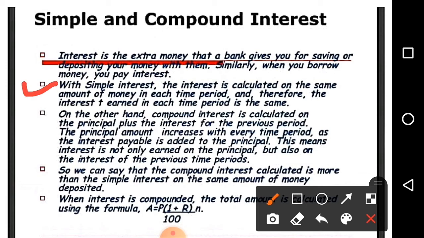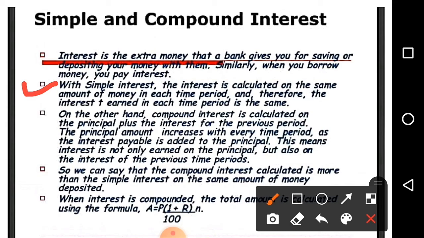Suppose you have taken money for 3 years, so for 3 years together only one time interest is calculated. But in compound interest, suppose you have borrowed money for 3 years, then every year the interest is calculated at the end of the first year, similarly at the end of the second year, and then at the end of the third year. So at the end of every year the interest gets changed, it is calculated.